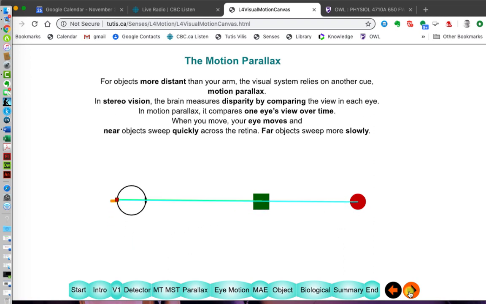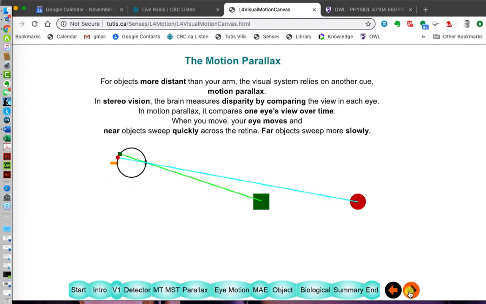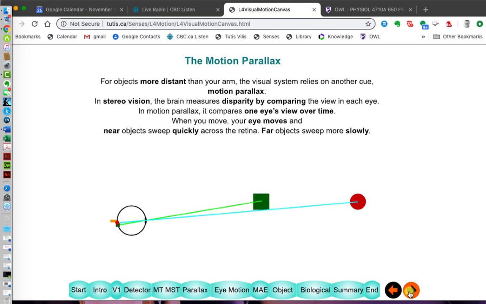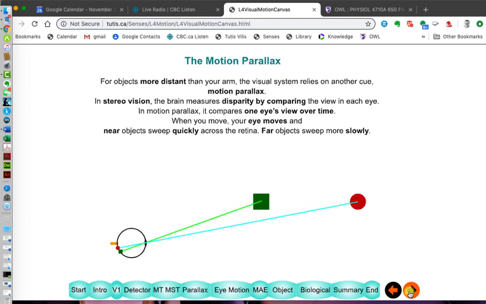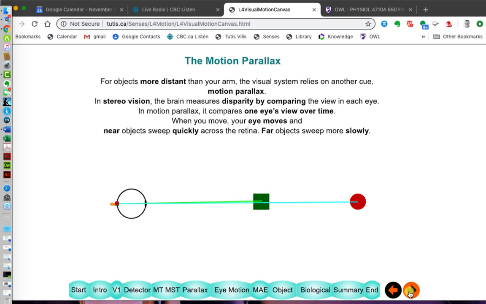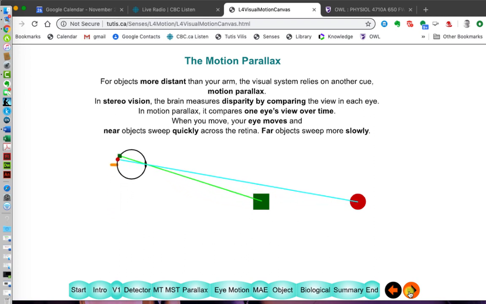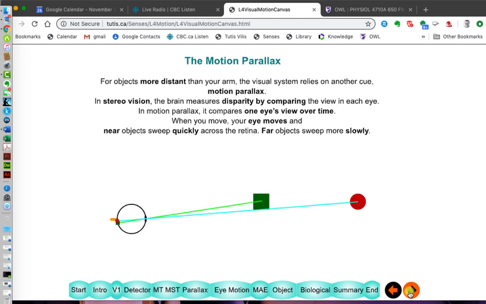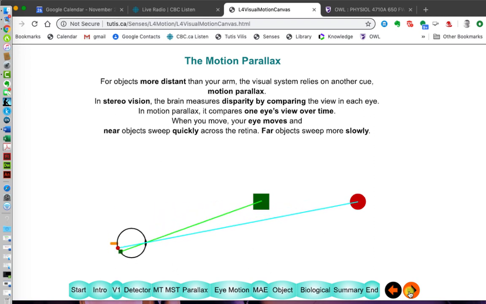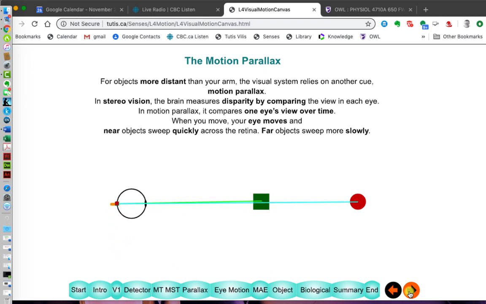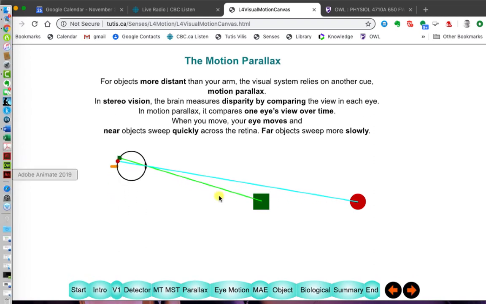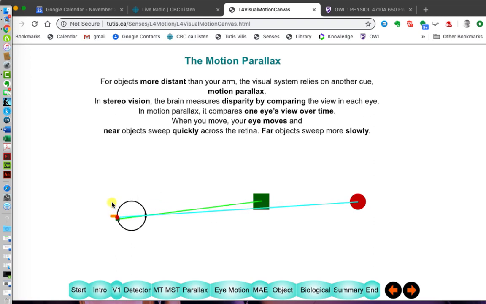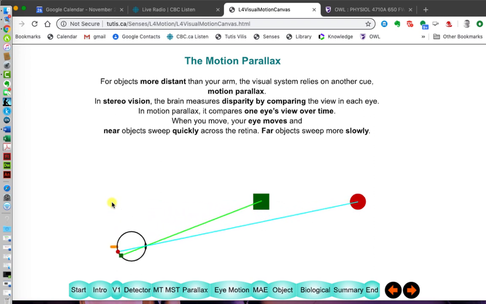And that other cue is relative motion of objects on the eye. And you can see here two objects, a square and a circle. And you can see an eyeball. And in the eyeball, there's a little yellow line here. And that yellow line represents where the fovea is.